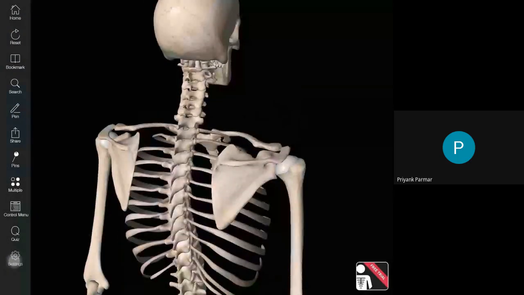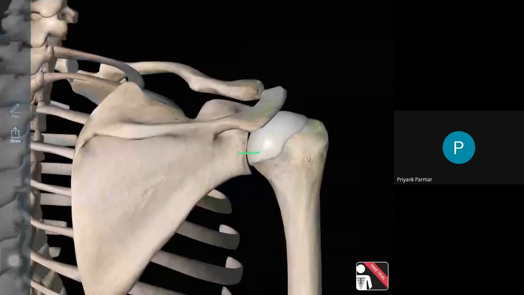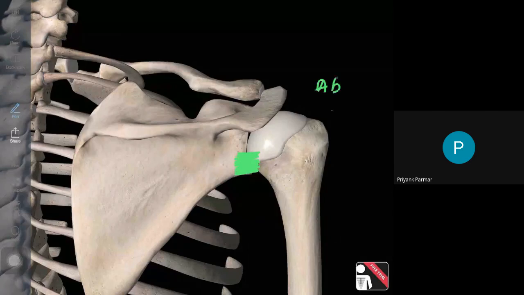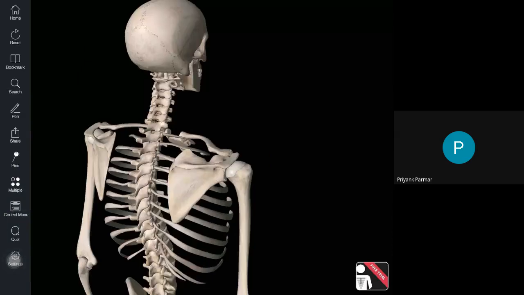So here is the ligament. What ligament? Capsular ligament. We are discussing the capsular ligament in the posterior part. When you are doing abduction and internal rotation, this ligament will become taut. If this ligament becomes taut, what will happen? The stability in the posterior direction will be increased.